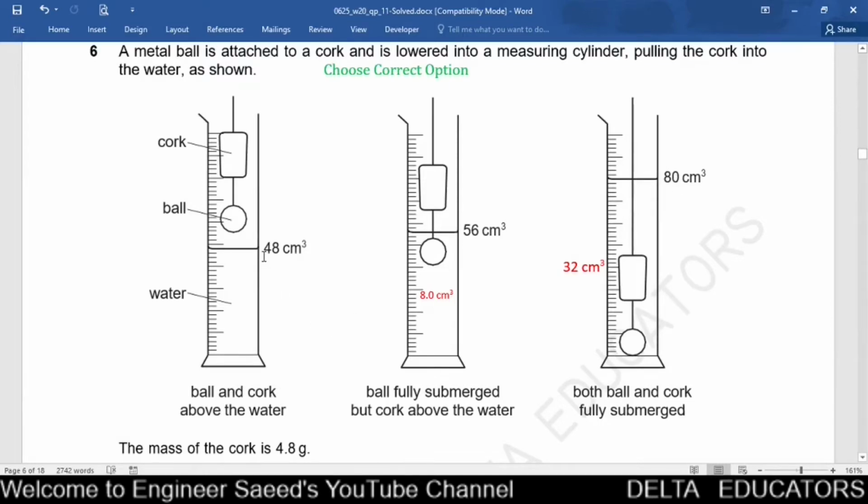The initial volume without ball and cork is 48 and with ball and cork it is 80, and the difference is 32 centimeter cube. So 32 centimeter cube is the volume of both cork and ball. We have calculated the volume of the ball, it is 8 centimeter cube. So the volume of the cork will be 32 minus 8, which is 24 centimeter cube.